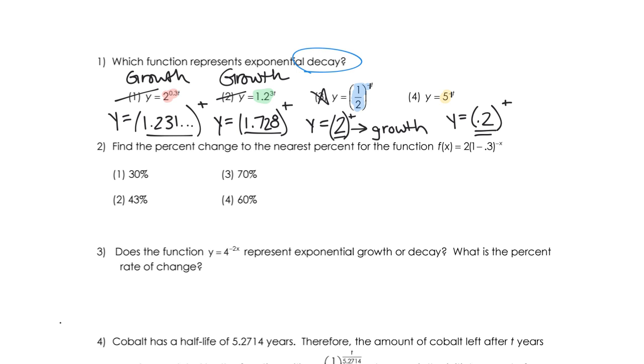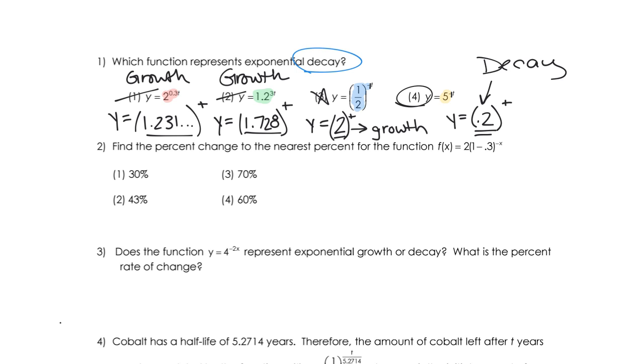And there it is. There's our base that is less than 1 but more than 0, and therefore this one is decay. All right, so don't be the one that gets tricked by your base. You always have to make sure that your exponent is just the x or just a t or just whatever variable they're using. Okay. All right, let's try another one.